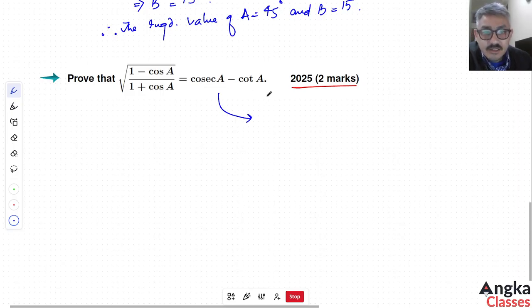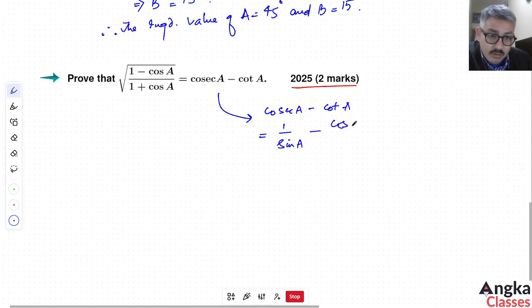Right hand side is cosec A minus cot A. Cosec is 1 by sin A minus cot, which is cos A by sin A. So we take the LCM, which is sin A, and we get 1 minus cos A.